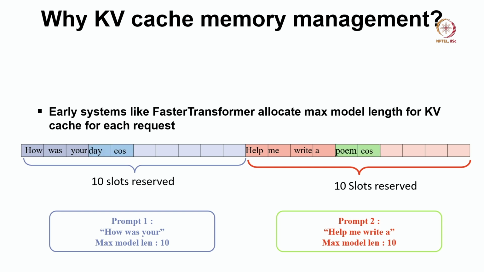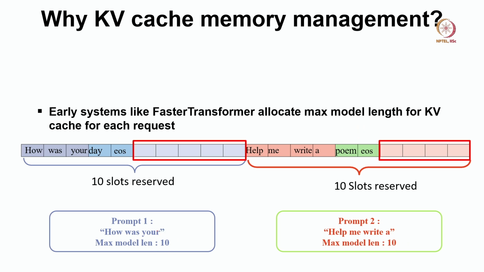But it might be the case that the first request was "how was your", and the decoded token is "day" and then end of sequence. For the second prompt, the input was "help me write a", and the decoded token is "poem" and then end of sequence. But remember, we already reserved 10 slots for both these requests. Of course, we don't need all these 10 slots, but we reserved 10 because the maximum model length is 10.